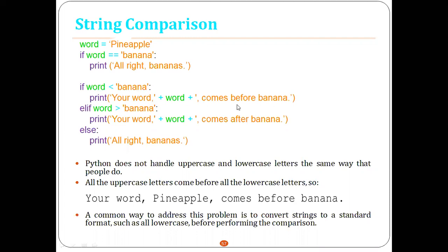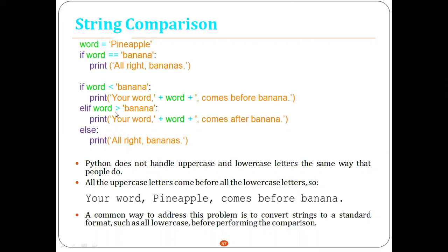So to avoid this, we have to convert all the characters within a given string into lowercase letters. So the comparison becomes much easier. If we do that with this example, pineapple, with p in lowercase, and banana also in lowercase, then this condition holds good.